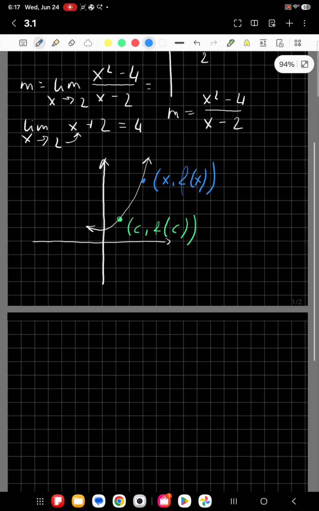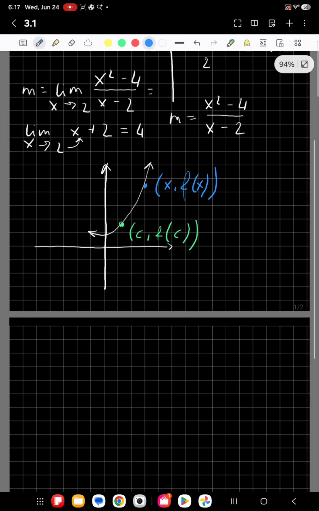Okay, I don't know, obviously I'm struggling. Anyway, so we'll write m. And again, we'll have a limit, because we'll be moving this point x towards point c, so we'll have x approaches c.